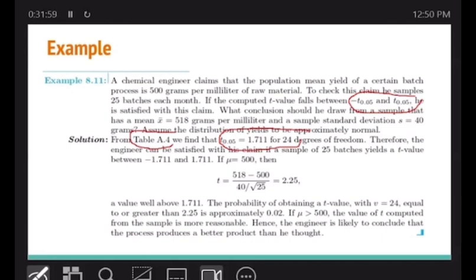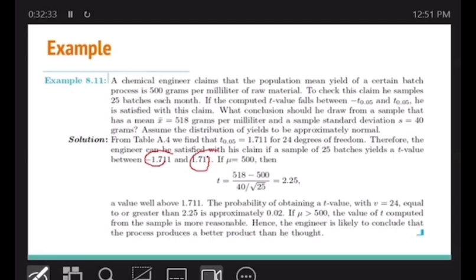If this is 1.711 at 24 degrees of freedom, the negative of it is negative 1.711. Which means we now have a range between negative and positive. For us to take a decision now, we're going to check whether 2.25 falls within.